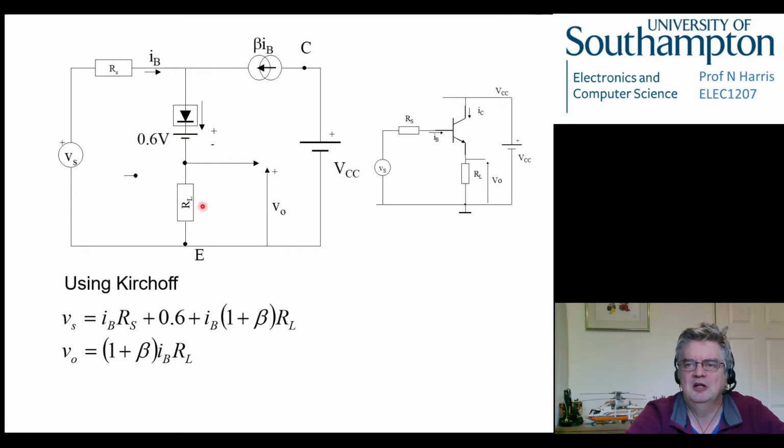So here we've got IB plus beta IB current going through here, multiply that by RL. And then that's telling us what's going on.